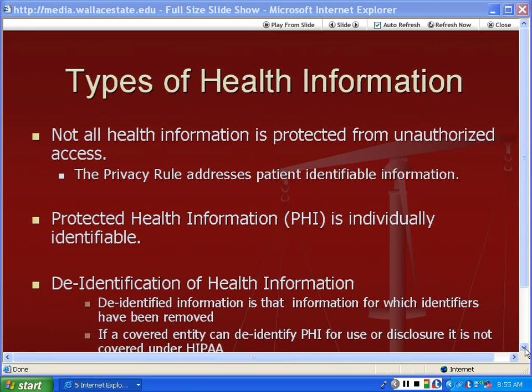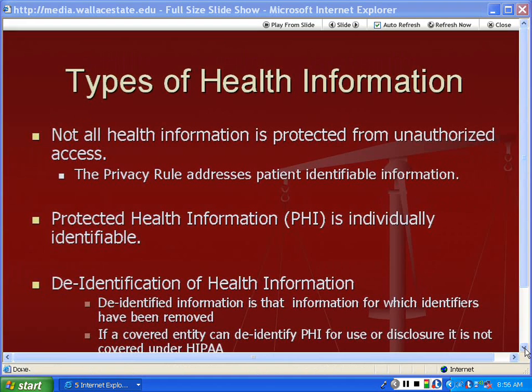But healthcare providers or covered entities can do something called de-identify health information. And de-identified information is that information for which the identifiers have been removed. There are, in fact, 18 identifying data elements that are considered those things which could identify a particular individual, the protected health information that can be removed, and therefore that information is classified as de-identified.